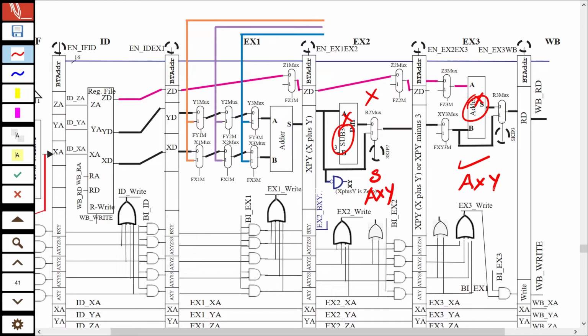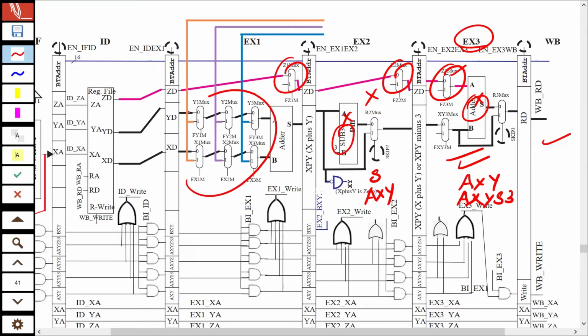AXY can help, and also AXY sub 3, add XY subtract 3 can help from here. Everybody of course can help from here. Z, like in the previous cases, does not require stalling because it can postpone receiving help as late as EX3. But for others who need help here, there are more occasions to get stalled because of dependency.